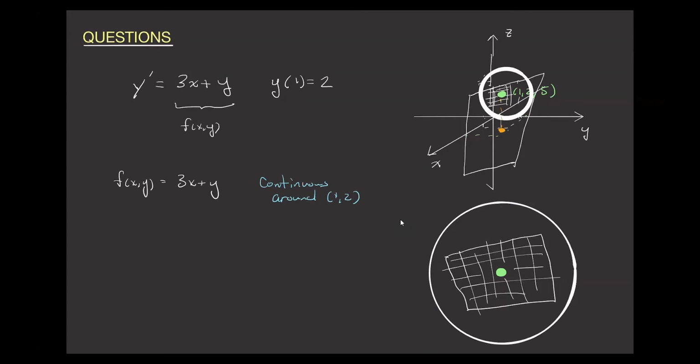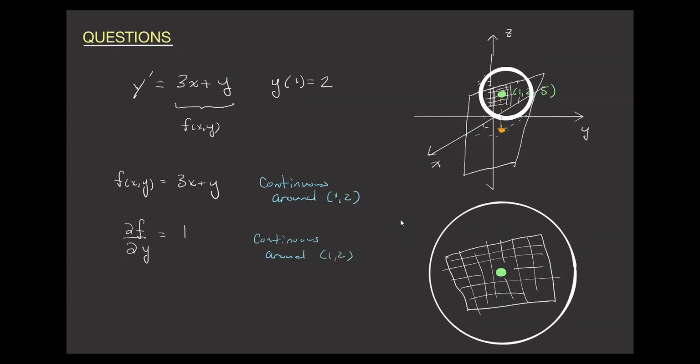And then the other function we check is the partial of f with respect to y, and that's going to be equal to just 1. And 1 is a constant function. Constant functions are always continuous everywhere, so that's certainly continuous around the point 1, 2.